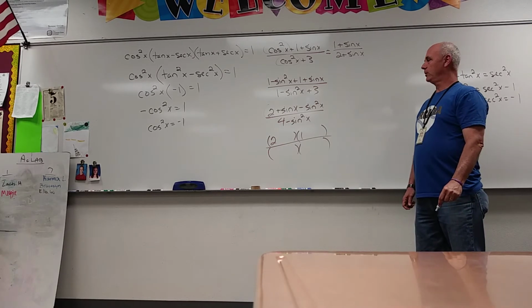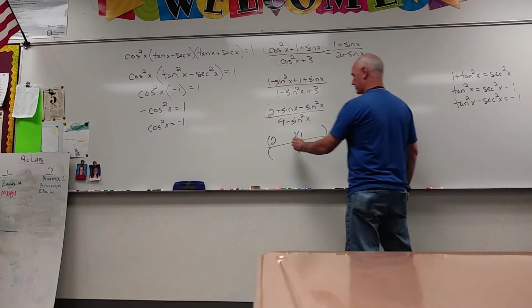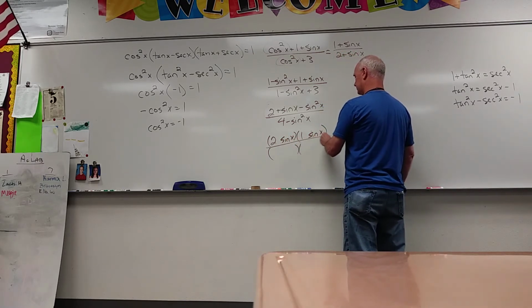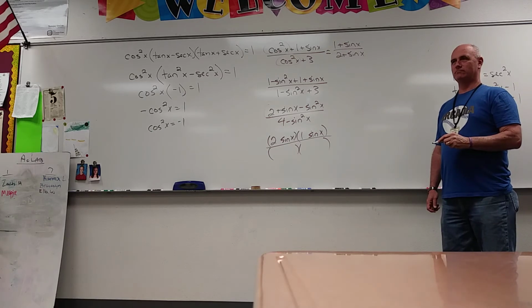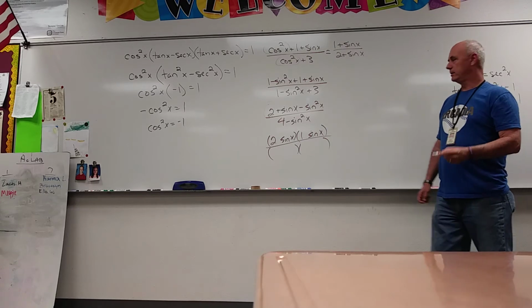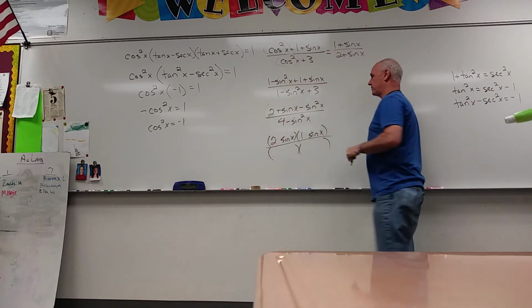What's second in each parentheses? Sine of x. Okay, I wasn't communicating that well. I understand. Are we okay with this? All right, because 2 times 1 gives us the 2, and sine of x times sine of x gives us the sine squared of x.